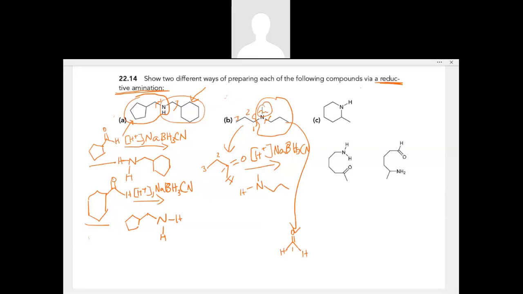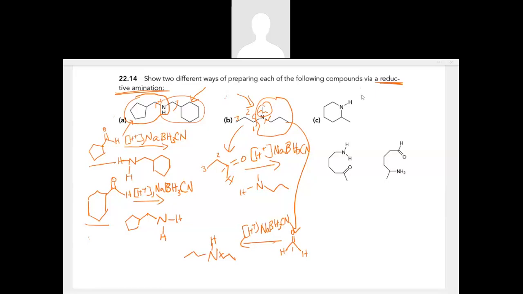So we can use formaldehyde now with the same reagents, sodium cyanoborohydride, and then we're going to utilize a slightly different secondary amine. Both of these groups will be propyl groups, and we'll have a hydrogen on top. Either route, you will generate that tertiary amine that was originally shown.